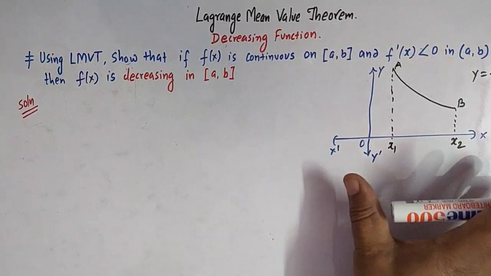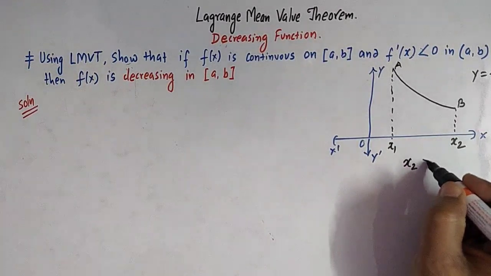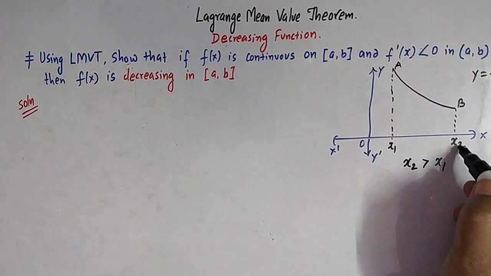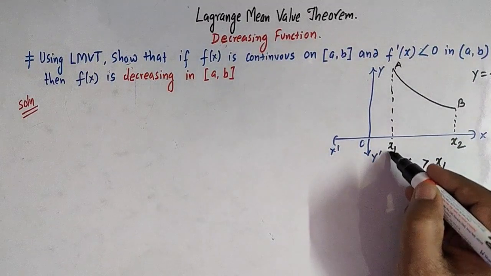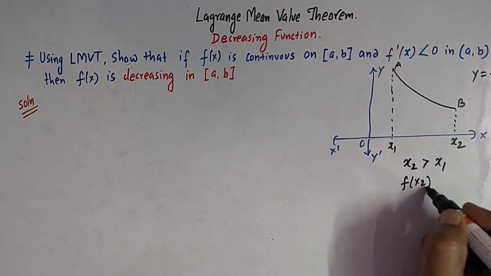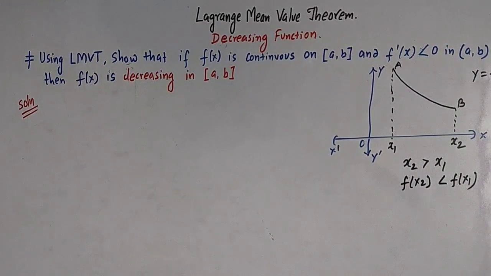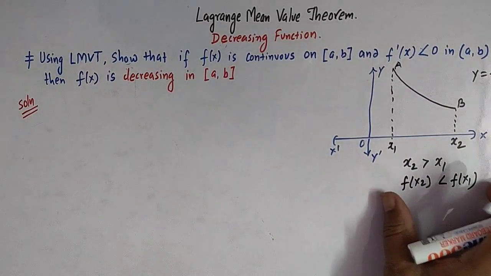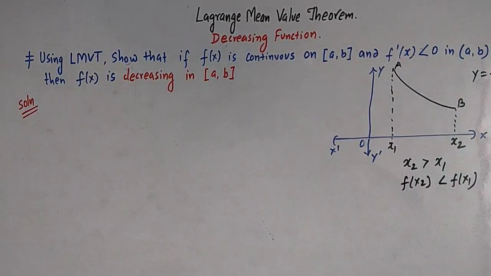Now we know that x2 is greater than x1, but f of x2 is less than f of x1. This is the condition for the function y equals f of x to be a decreasing function.